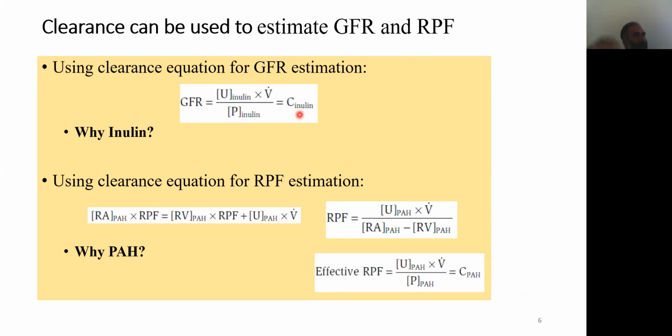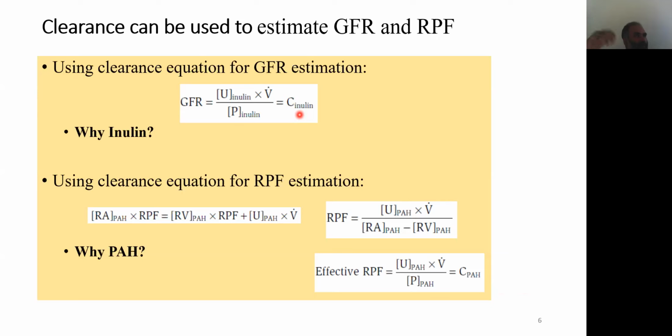Then you're right. So this substance, and inulin is that substance, does not get altered by the kidney. Whatever comes in from the renal artery is filtered out nicely, no questions asked. Another aspect is inulin is filtered only.